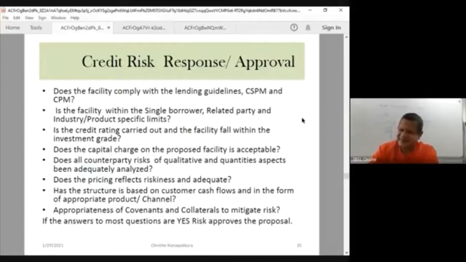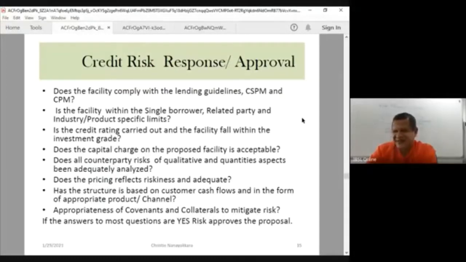Similarly, the export customer will have an export bill purchase facility within which he will have a packing credit line. And you can have an overdraft, or an open overdraft for customers' working capital. The structure for a customer is very important based on his cash flows.